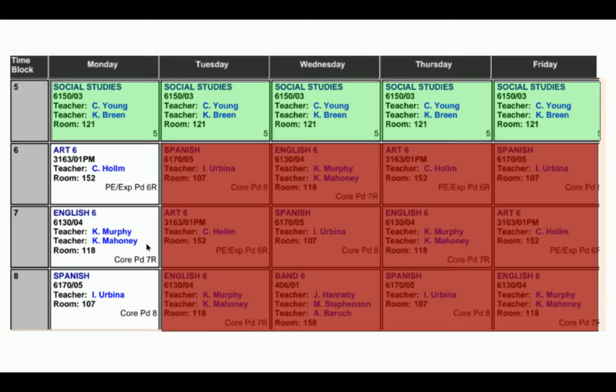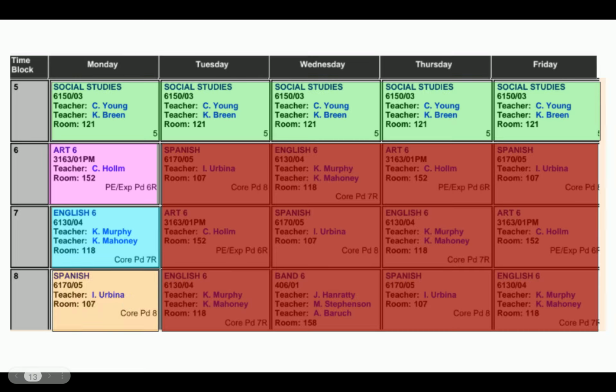So, time block 6 on Monday is an exploratory, in this case, art. Time block 7 on Monday is a core, English for this person, and time block 8 is also another core, this one, Spanish.